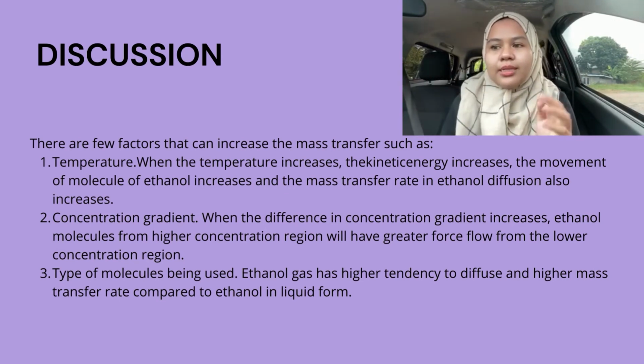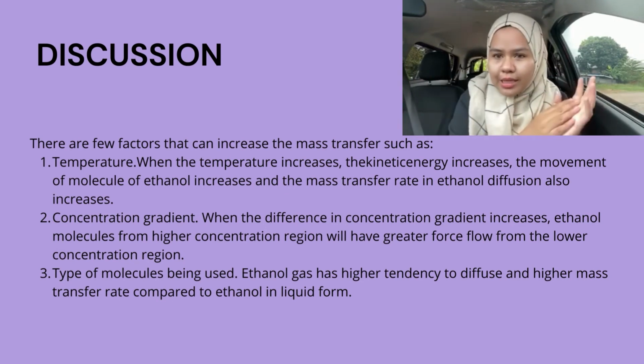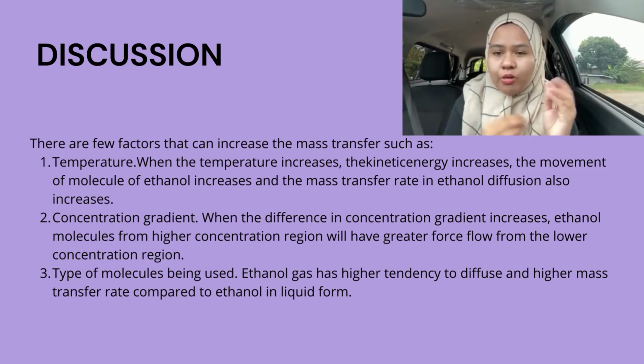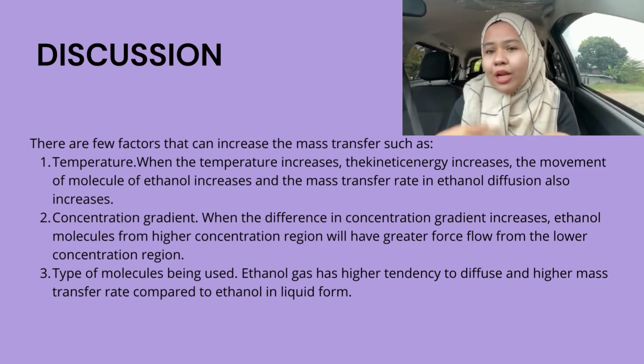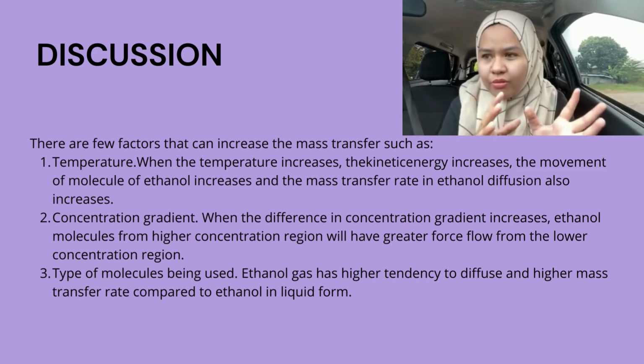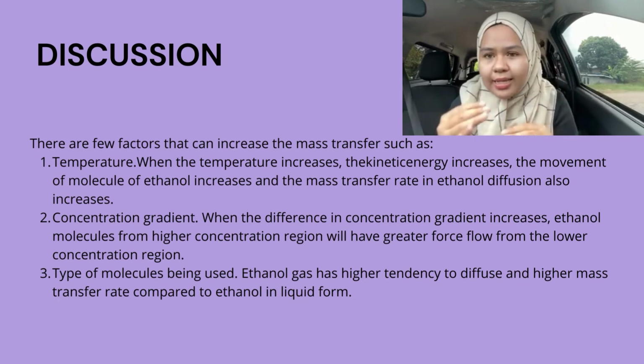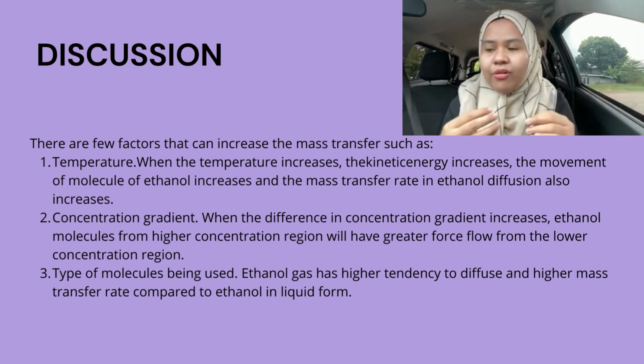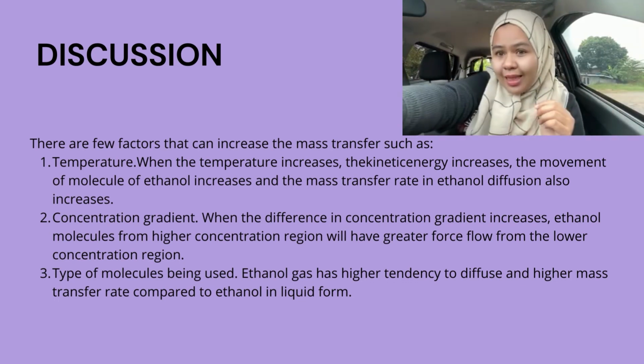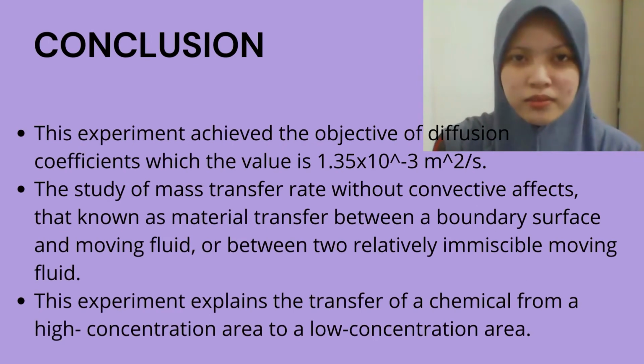Last but not least is the type of molecules being used. In this experiment, we used ethanol in liquid form. So I would like to suggest that maybe we can use ethanol in gas form, which has a higher tendency to diffuse and gives a higher mass transfer rate. Thank you.